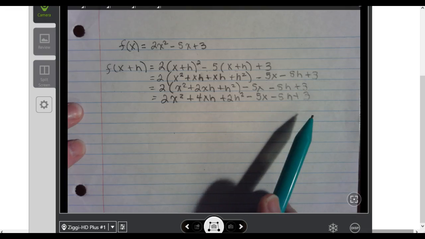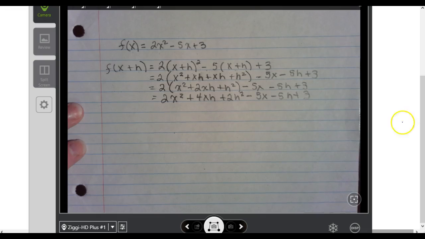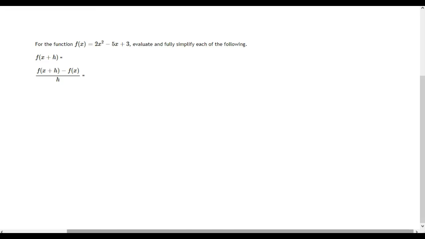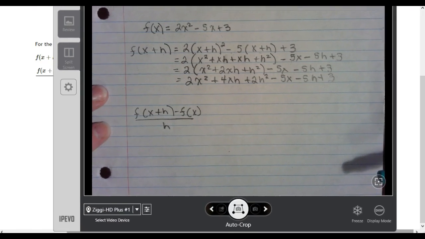Okay. Now the next part wanted us to find, let me move this out of the way and we'll look, f of x plus h minus the f of x all divided by h. Okay, so let me bring this back over here.